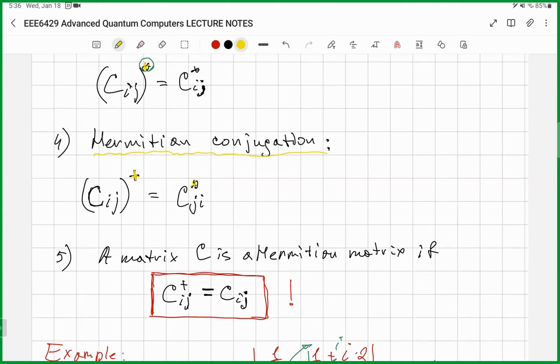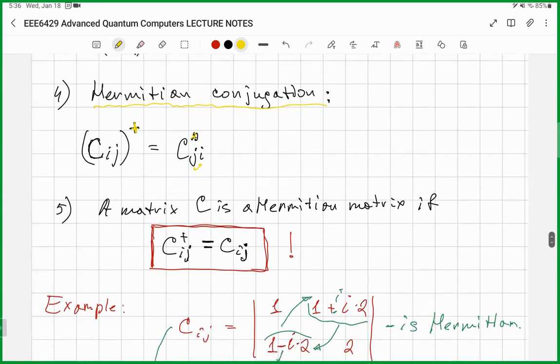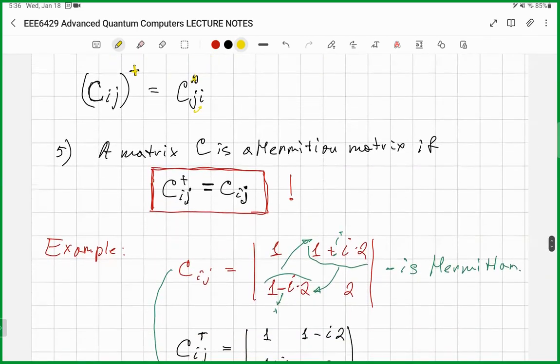And the transposition of the matrix. So you replace columns by rows, and then take the complex conjugation of all the matrix components.